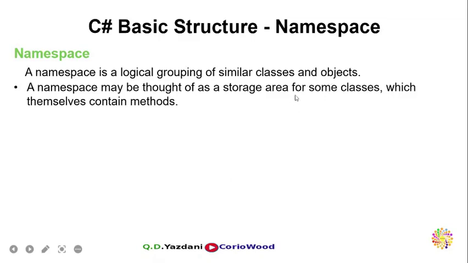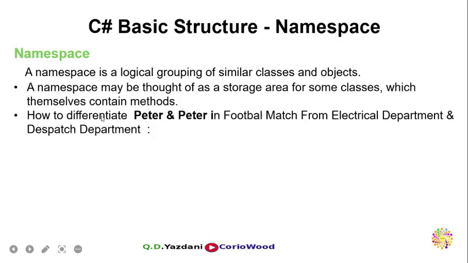So how are we going to see a namespace in computer terms? A namespace may be thought of as a storage area for some classes, which themselves contain methods. That's exactly similar to the earlier example. Say we have two Peters working in one company. If there is a football match and the commentator says Peter and Peter, how is the commentator going to differentiate between the two Peters?